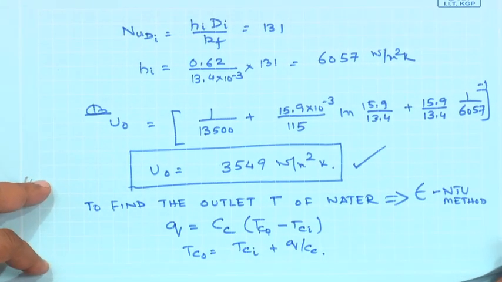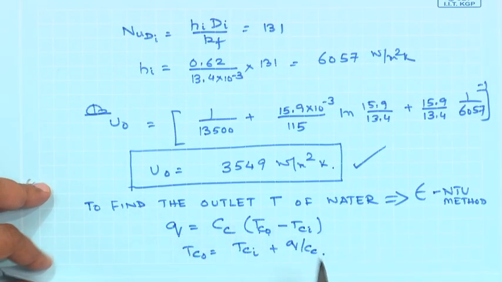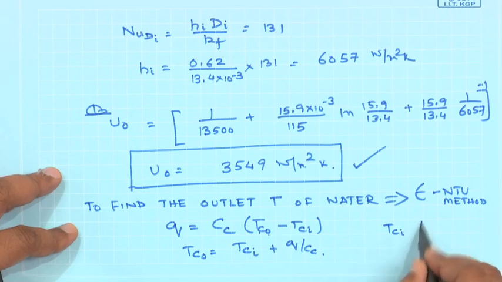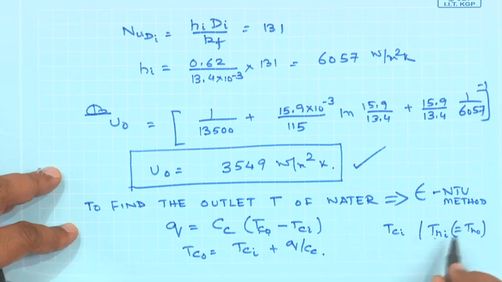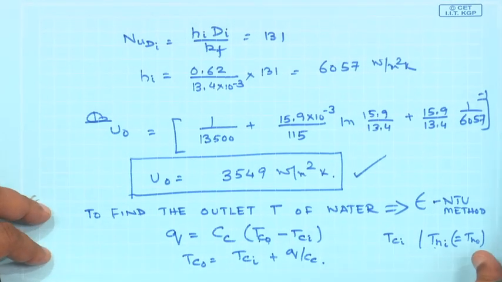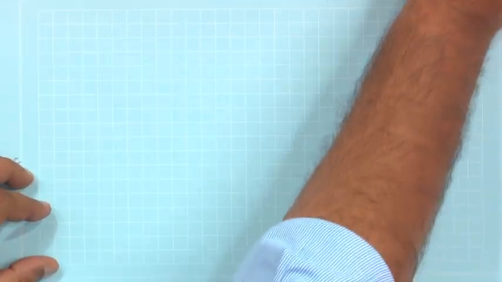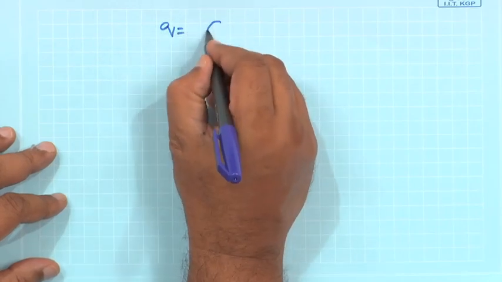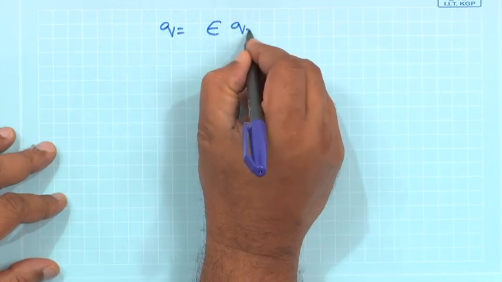Now, this Q is to be obtained. So, this is the outlet temperature, but I do not know the outlet temperature, I only know the inlet temperature. So, T_ci and T_hi, which is equal to T_ho, this is known to me. So, how do I do this? My Q, the total amount of heat transfer, would be effectiveness times Q max.